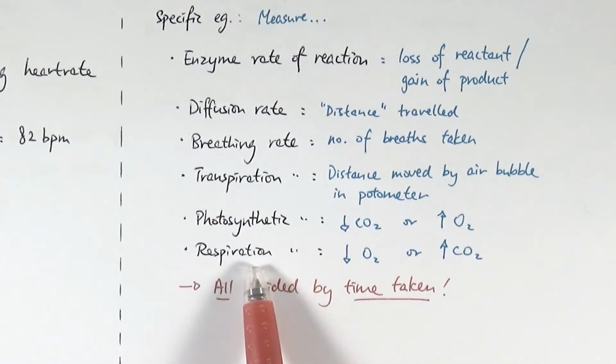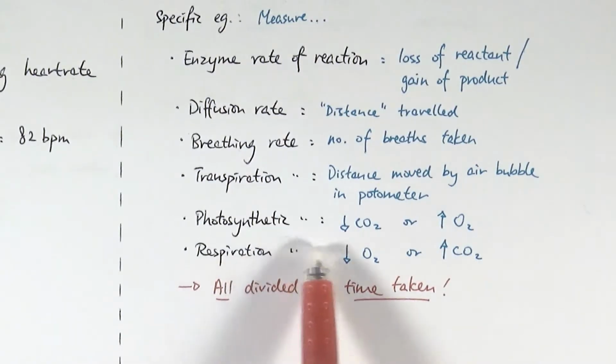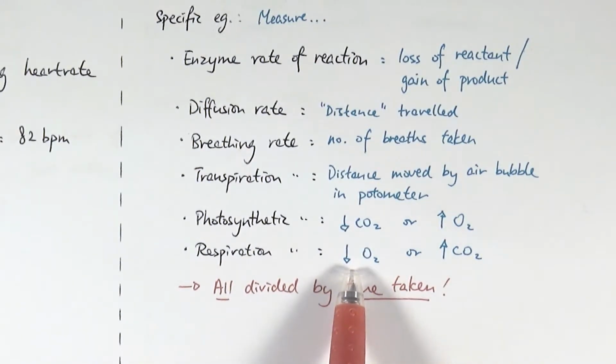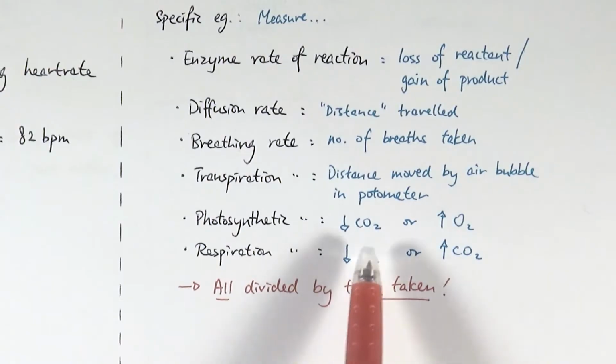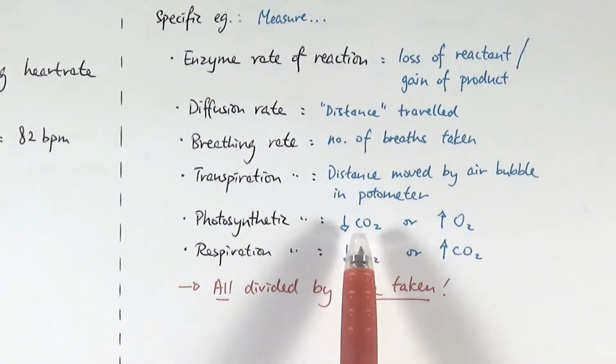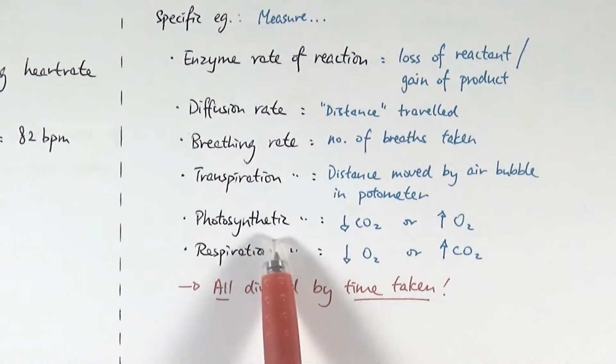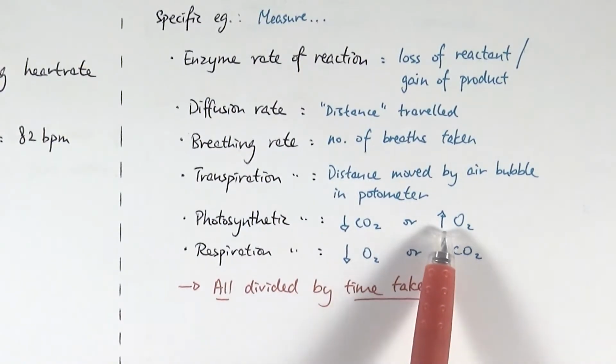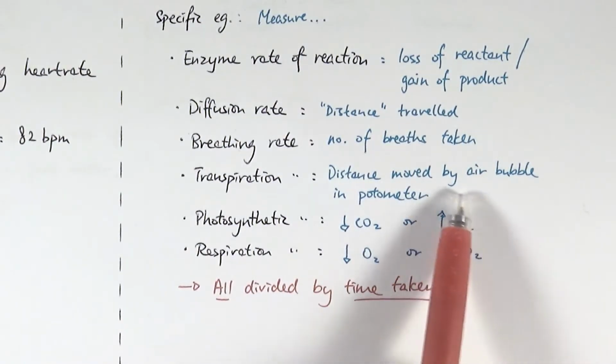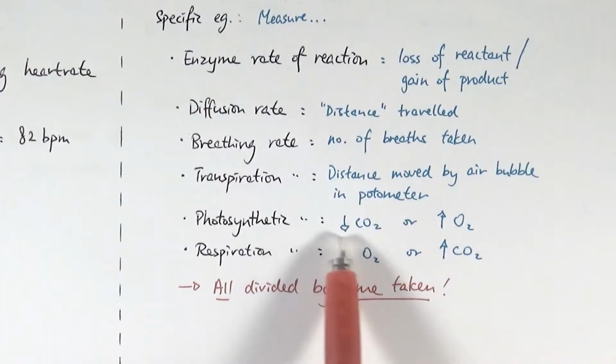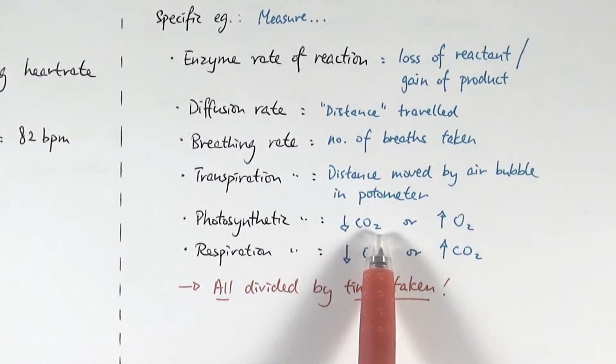Then it comes to photosynthesis and respiration. Thinking about the equations of these two reactions, we can measure similarly to this one. So if it's photosynthesis, you can measure the release of the product, which is oxygen, or the loss of reactant, which is carbon dioxide.